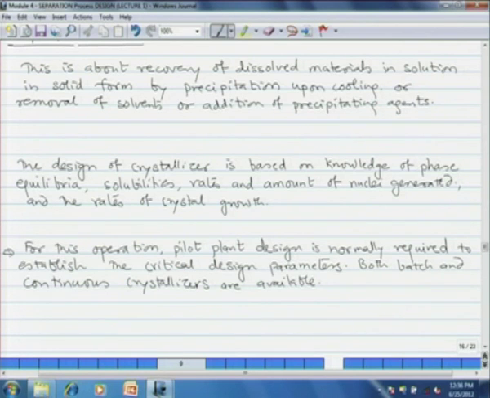However, if you see the solidification temperatures, these were quite different, and therefore the xylenes were separated by crystallization and not by boiling. So you cool down the temperature to about minus 40 degrees, the ortho xylene separates out, and then meta and para can be further separated by lowering the temperature. So crystallization is a very common operation that is used in industry.